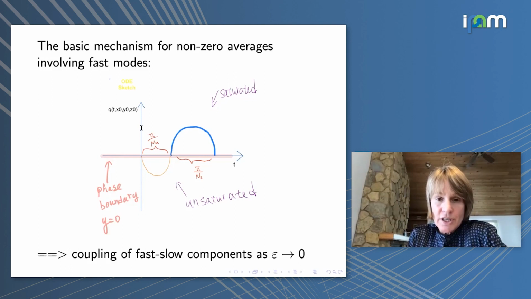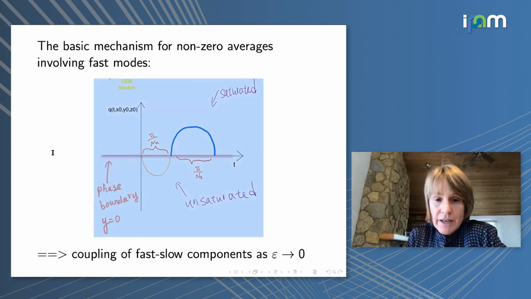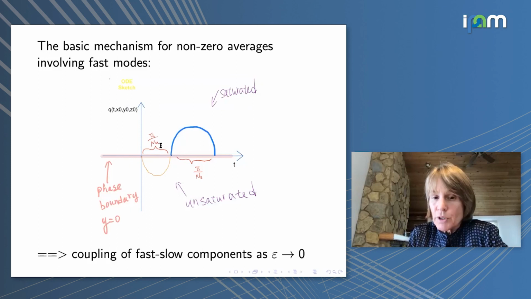And so this is a sketch of what would be the total water in the numerical simulations or the unsaturated buoyancy in the ODE model. The phase boundary is now the pink line, which is the x-axis. And so we start by solving in the unsaturated domain, and we have a wave, and that wave has a certain buoyancy frequency and wavelength associated with it.